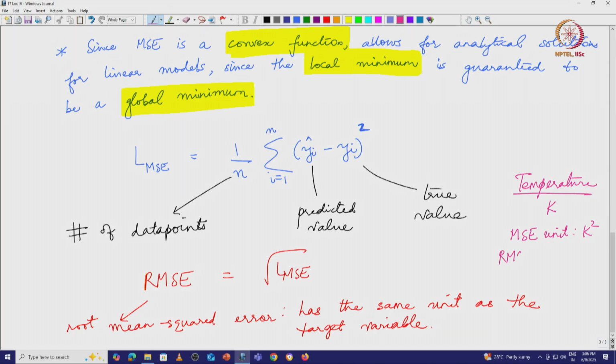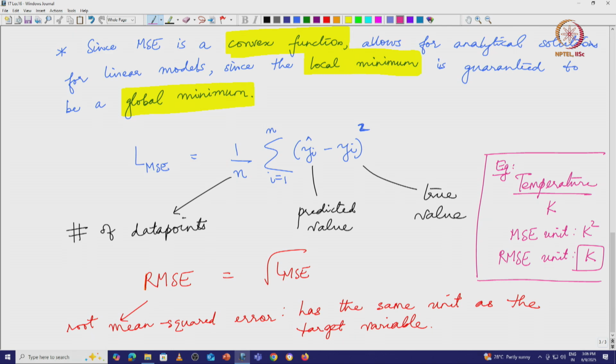However, the RMSE unit would be just Kelvin, and then you can use that as a measure of the error incurred by your ML model. So that is why the root mean squared error is very useful to be defined. It can be used as a measure of error in the predicted target variable.